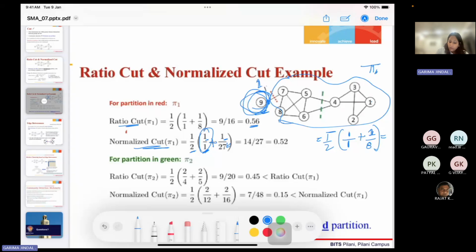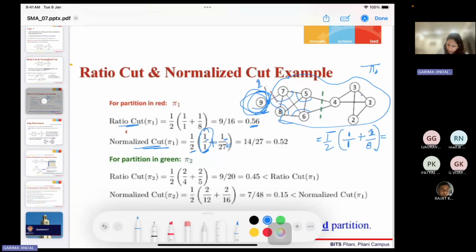Now you can check what is the summation of all the degrees in this particular community. This is 1, 2. 2 plus 3 is 5. 5 plus 3 is 8. 8 plus 2 is 10. 12, and 12 plus 4 is 16. 16 plus 4 is 20. 20 plus 4 is 24.